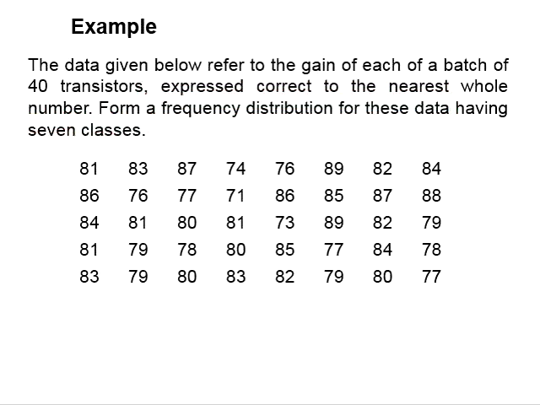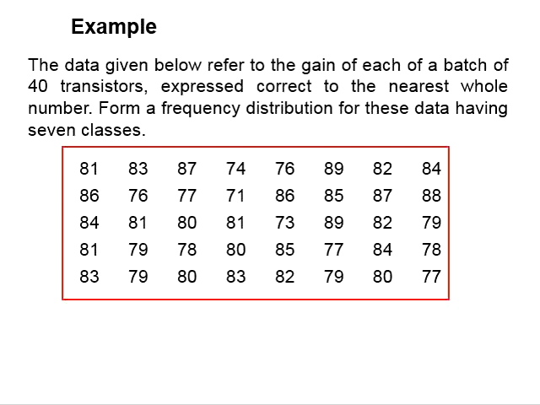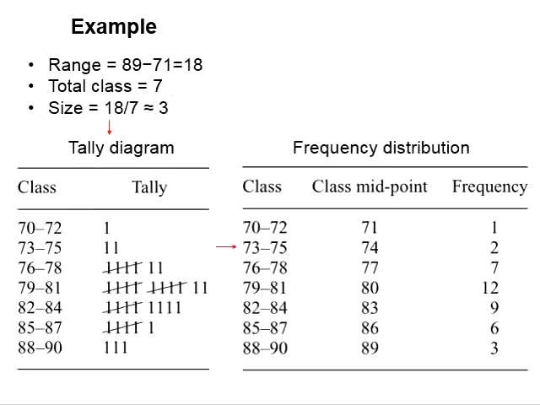To solve this question, first you need to identify the range of the data. From the list of data here, you need to find the highest value and the lowest value. It is found that the highest value is 89, while the lowest value is 71.